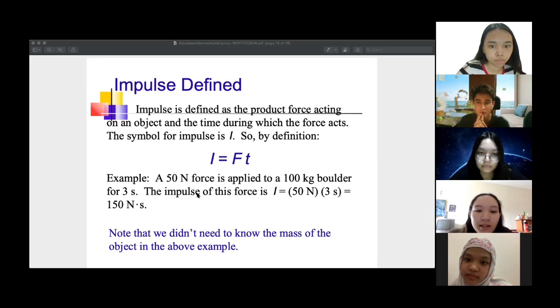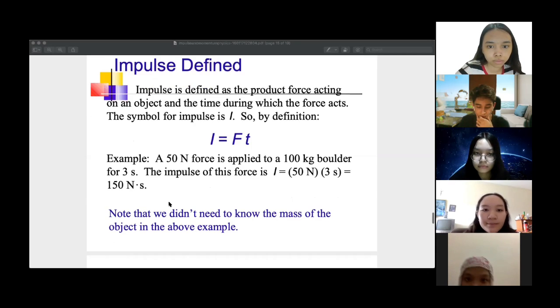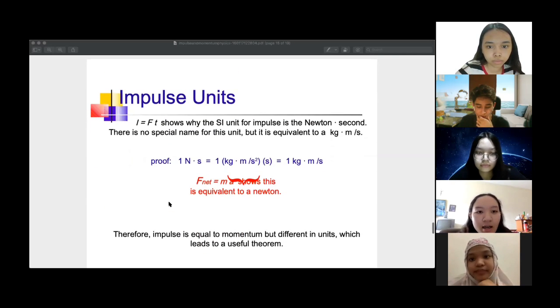For example, a 50 Newton force is applied to a 100 kilogram boulder for 3 seconds. The impulse of this force is 50 times 3 equals 150 Newton seconds. Note that we didn't need to know the mass of the object in the above example. For the impulse units, I equals F times t shows why the SI unit for impulse is the Newton second.